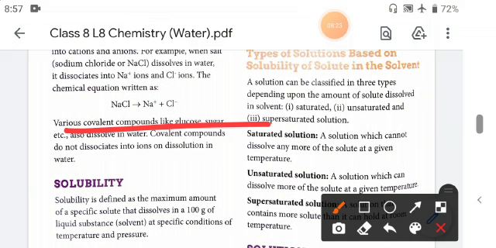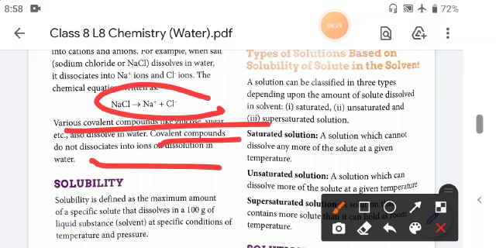Covalent compounds don't dissociate into ions like sodium chloride. Covalent compounds cannot dissociate into ions.